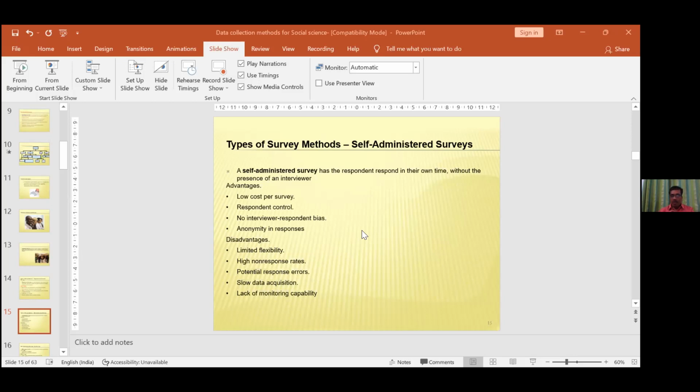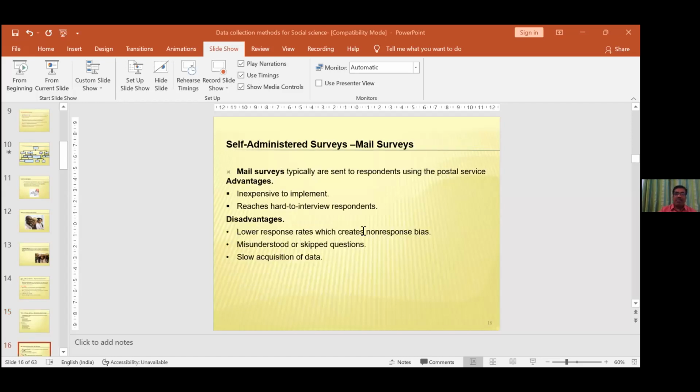You can meet the respondent, explain the purpose of your research, and distribute the questionnaire. Then the respondents, without the intervention of the researcher, will take their own free time, fill the questionnaire and return it. This is a self-administered survey.